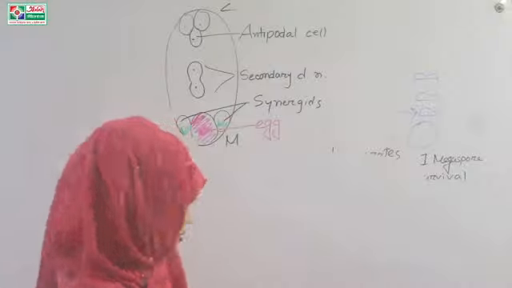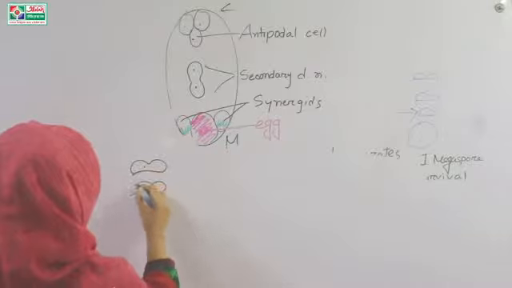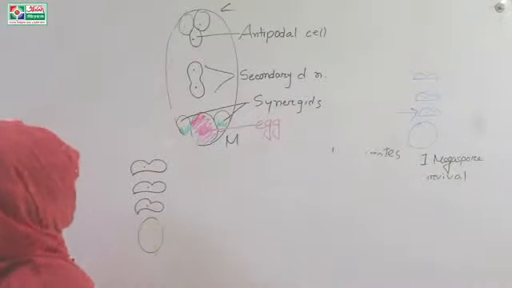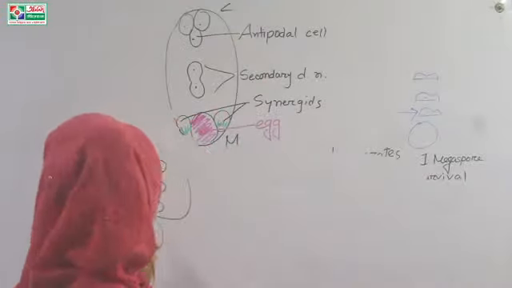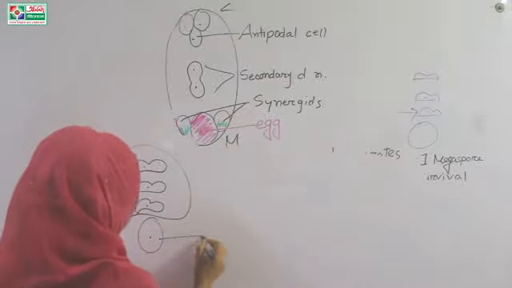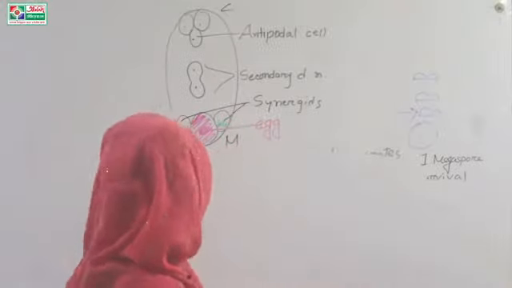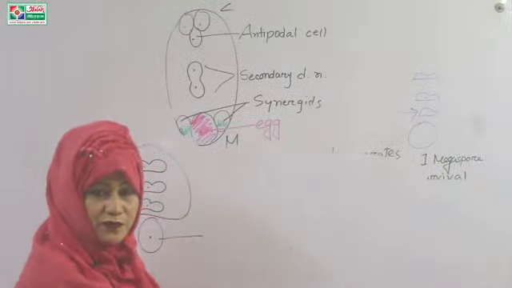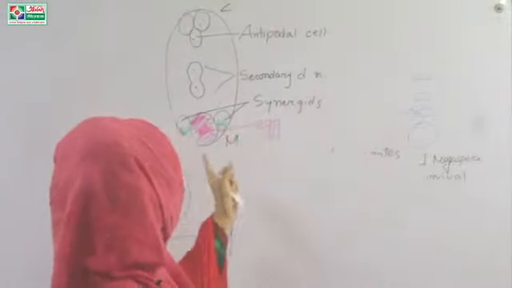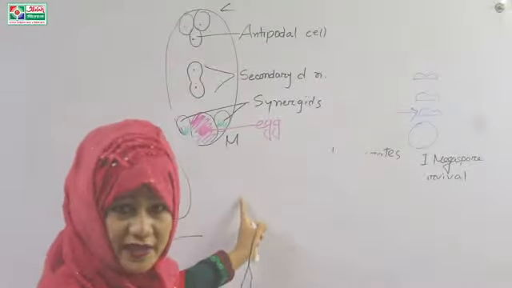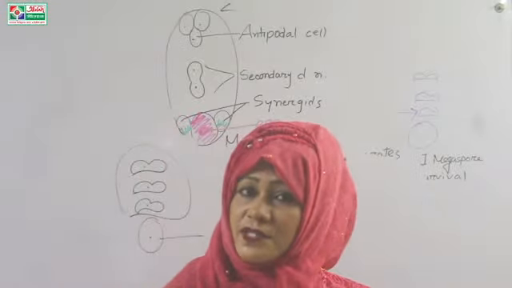Can you see? Should I draw again? Okay. 1, 2, 3 and 4. These three megaspores have degenerated, and we have got only one functional megaspore. Three cells out of four have degenerated, and the female gametophyte has originated from only one functional megaspore.